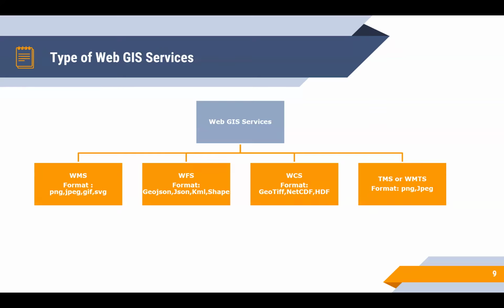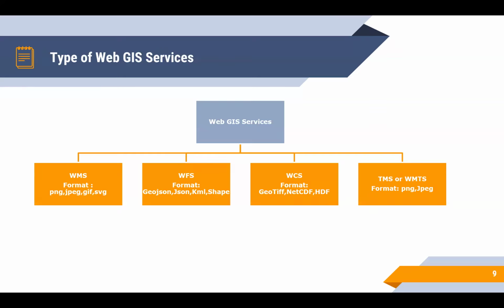When you publish your data as a WMTS or TMS, it will give you small images. Like if you use Google Maps, maybe sometimes you have felt this. Let's suppose our internet speed is very slow, and when we are searching or doing something in Google Maps, we get small square tiles.